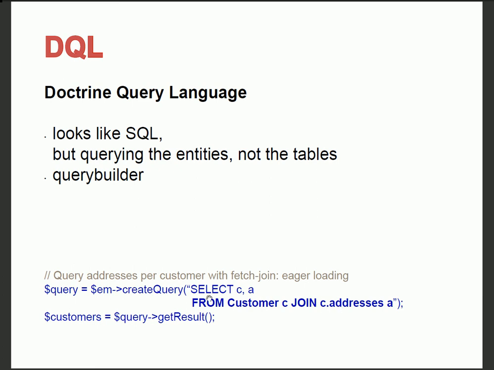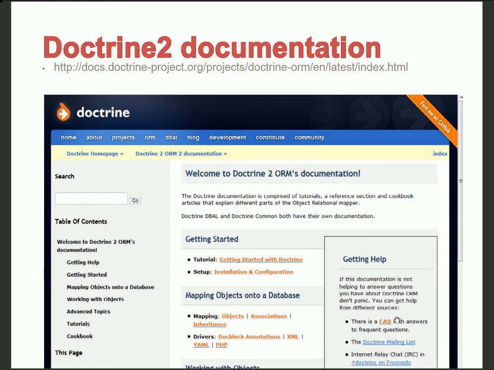So what you do here: select the customers and the addresses, all fields from the customer object and all fields from the addresses object, from the customer, and join it with the addresses field in the customer and call that the A field.